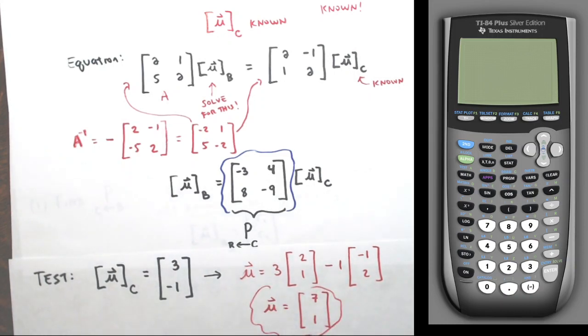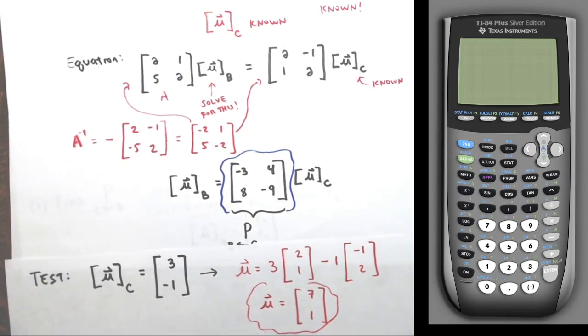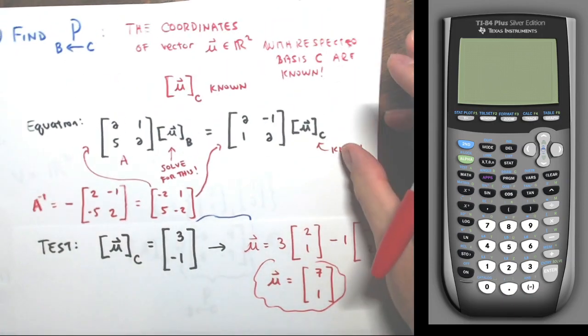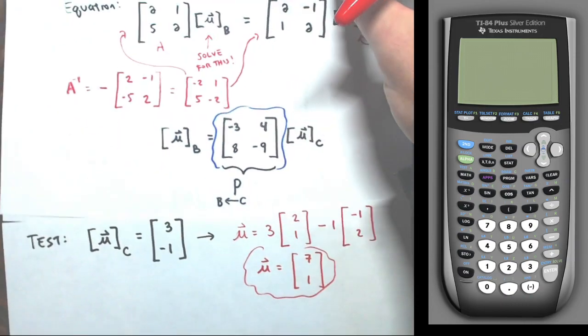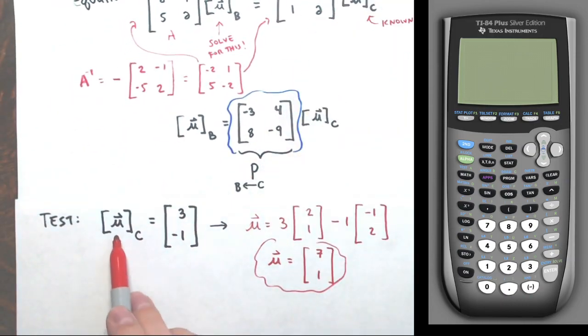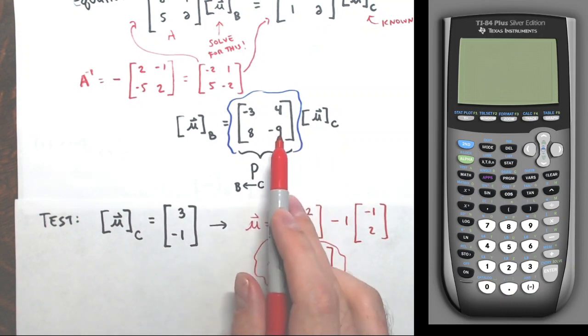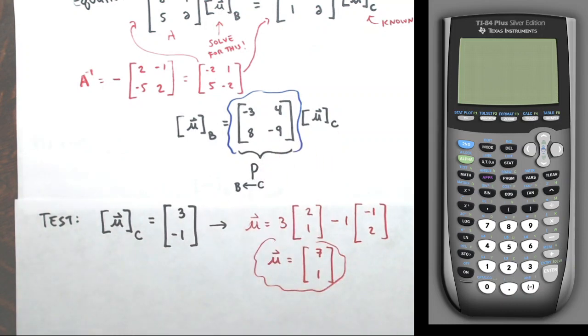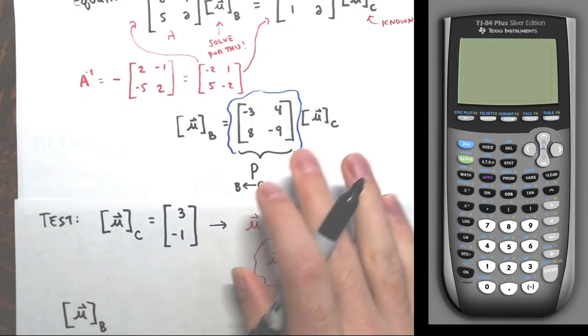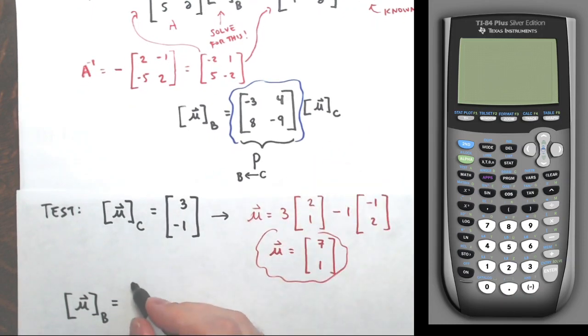And I should get the same thing when I find its coordinates with respect to basis B. So I take these coordinates with respect to C and multiply by our transition matrix. The coordinates of this same vector with respect to basis B should be equal to the matrix negative 3, 4, 8, negative 9 times 3, negative 1.